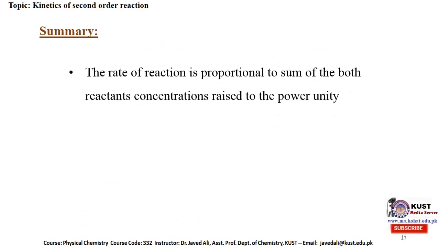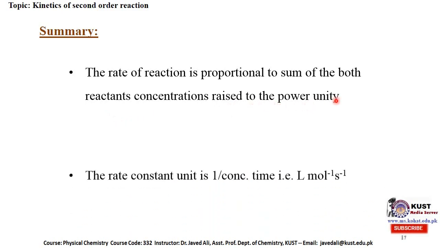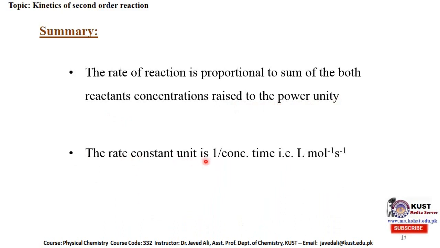Summary of today's topic: the rate of reaction is proportional to the product of both reactants' concentrations raised to the power unity. The rate constant unit is per concentration per time, which means liter per mole per second when we represent the concentration in moles per liter.